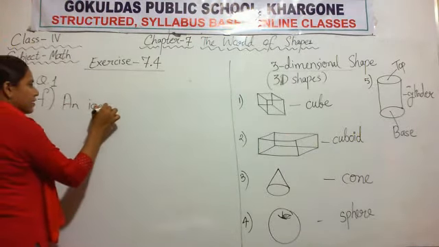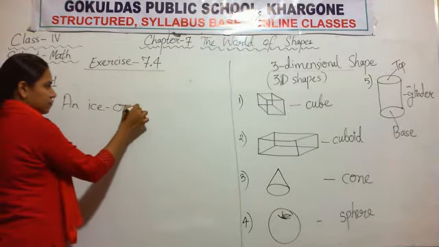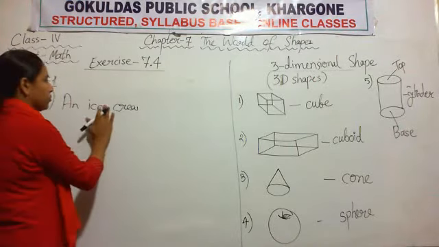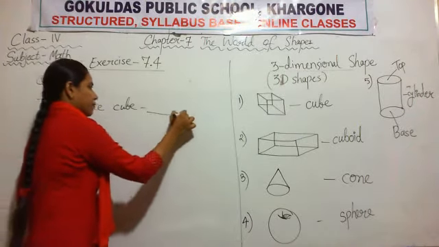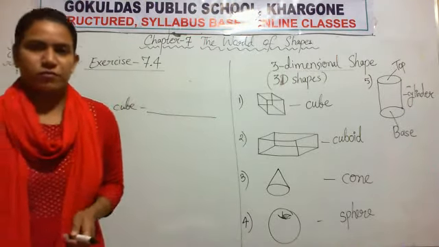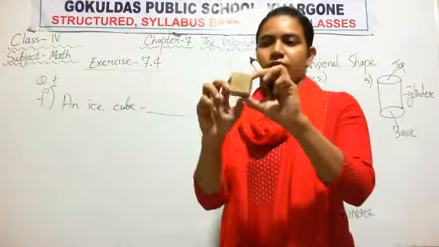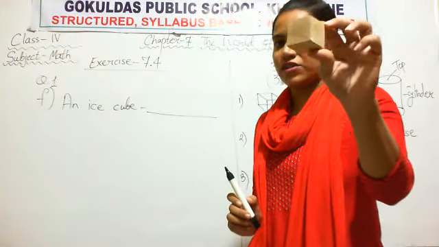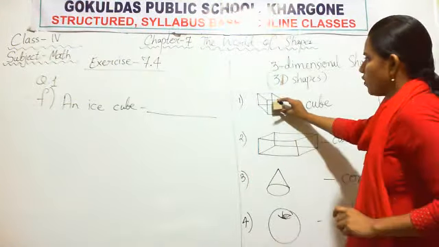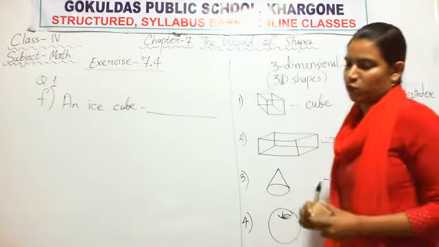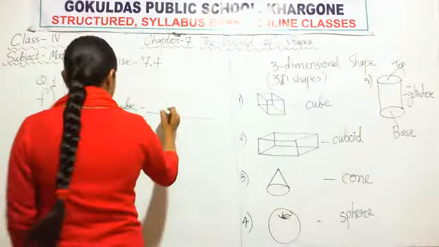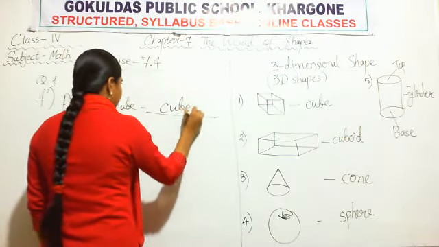An ice cube. Ice cube looks like this. This shape, what is the name of the shape? Cube. So write cube here.